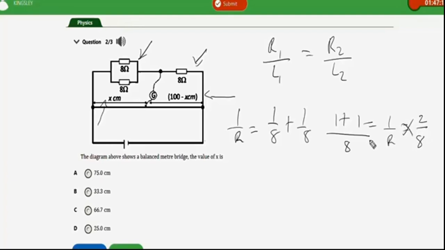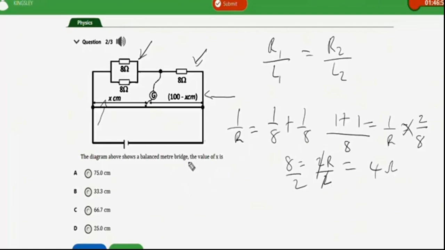When you cross multiply, we're going to have 8 equals 2R. Divide both sides by 2. So the sum of the resistance in parallel will be 8 divided by 2 to give you 4 ohms. So our R1 is what? 4 ohms.